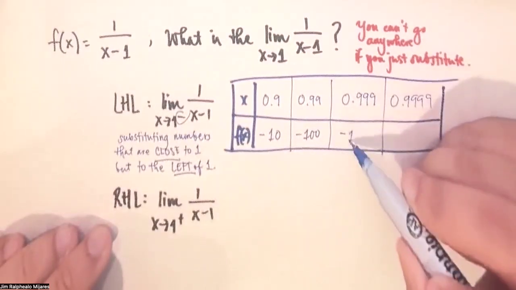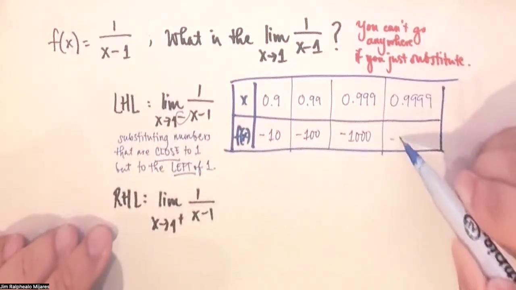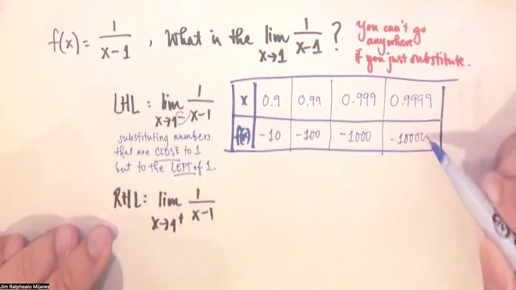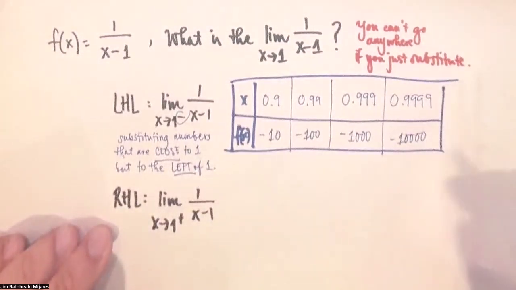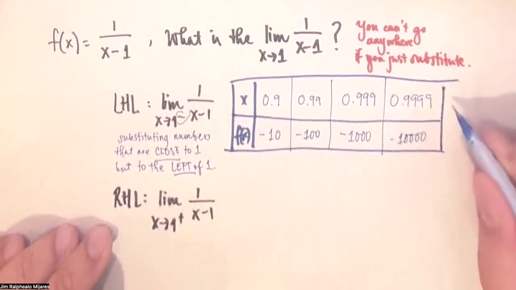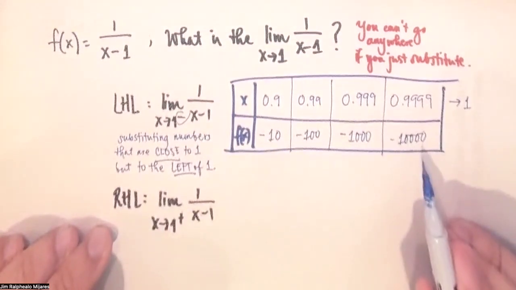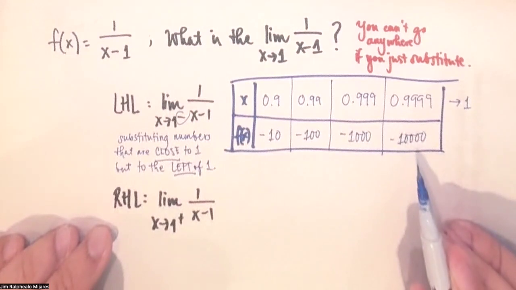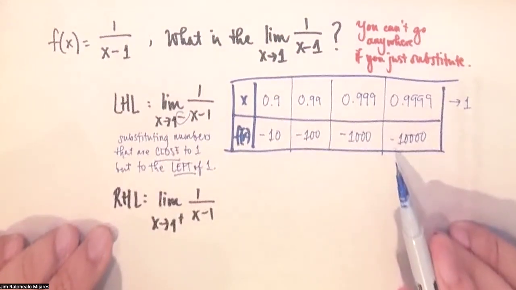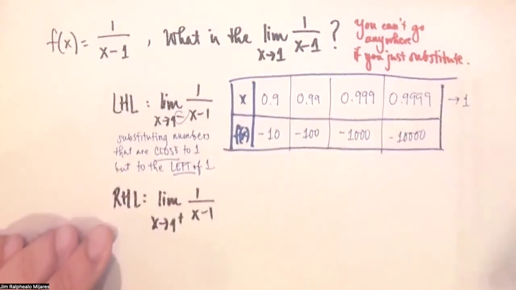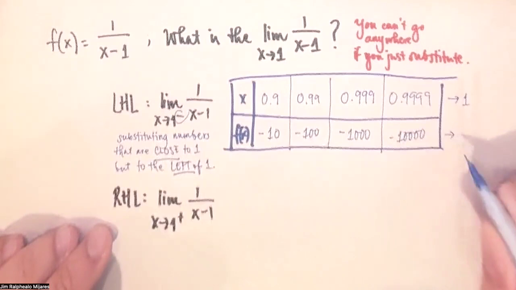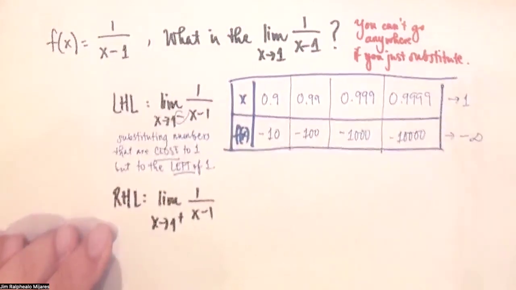This one, negative 1,000, negative 10,000. And what is the pattern that we see? As we go closer and closer to 1, this seems to become larger and larger, but on the negative side. So what's happening here is this is approaching negative infinity.